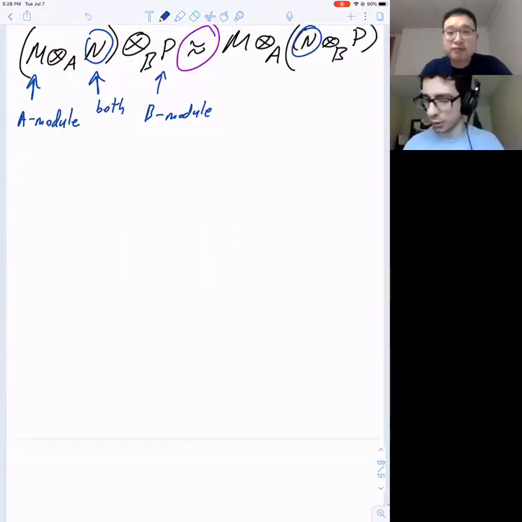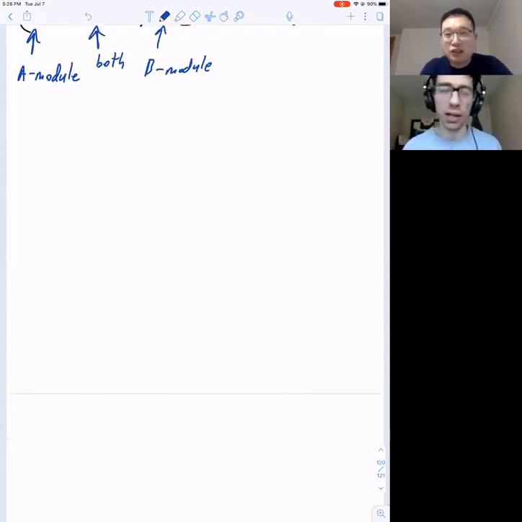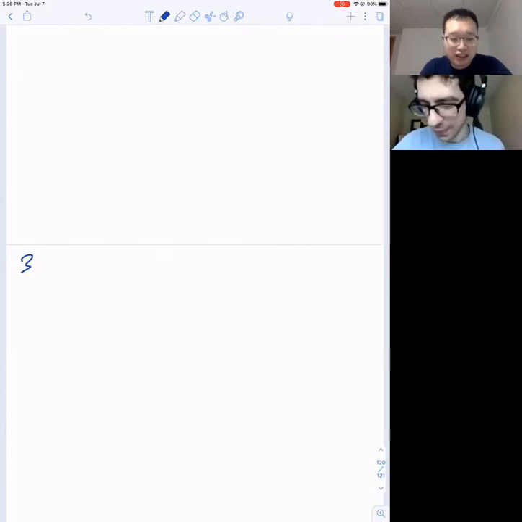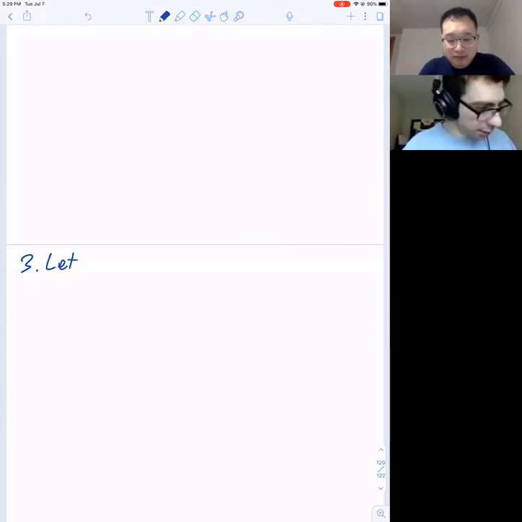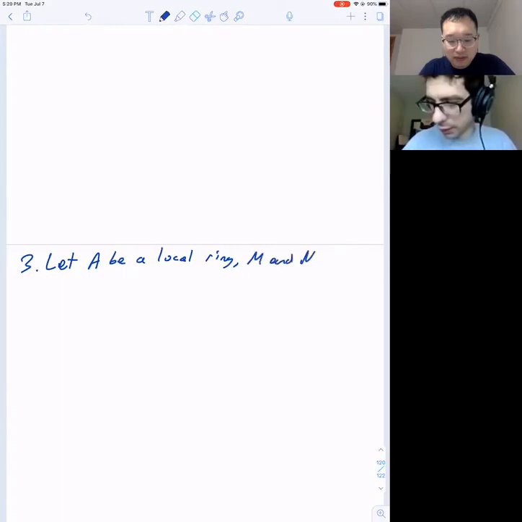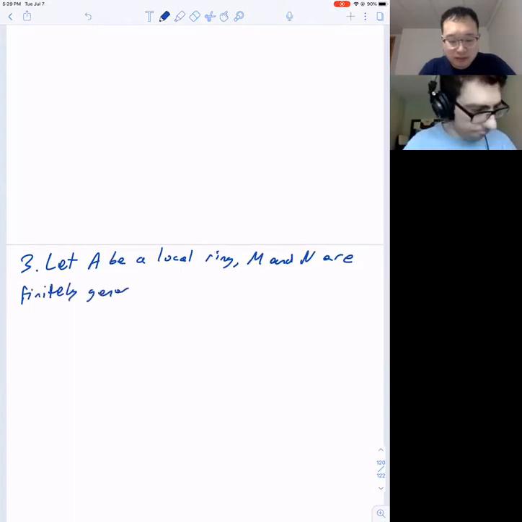These are very technical because it deals with tensor products, and you have to be very careful. Yeah, it's so tedious. So this is one of the first times I used Nakayama's lemma. So let A be a local ring. Say M and N are finitely generated A modules.